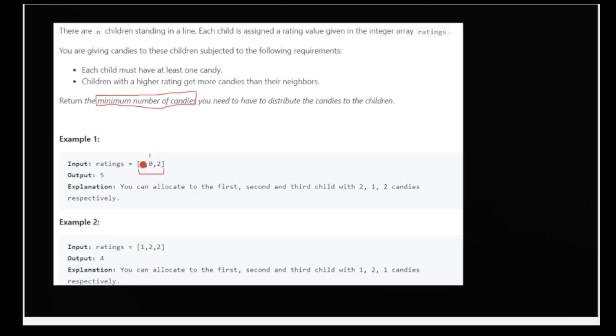If we talk about its neighbors 2 and 1, both of them are greater than this 1 and should have more than this. As we need to minimize, we'll choose the minimum value that they can have, which is 2. So the total is 5.